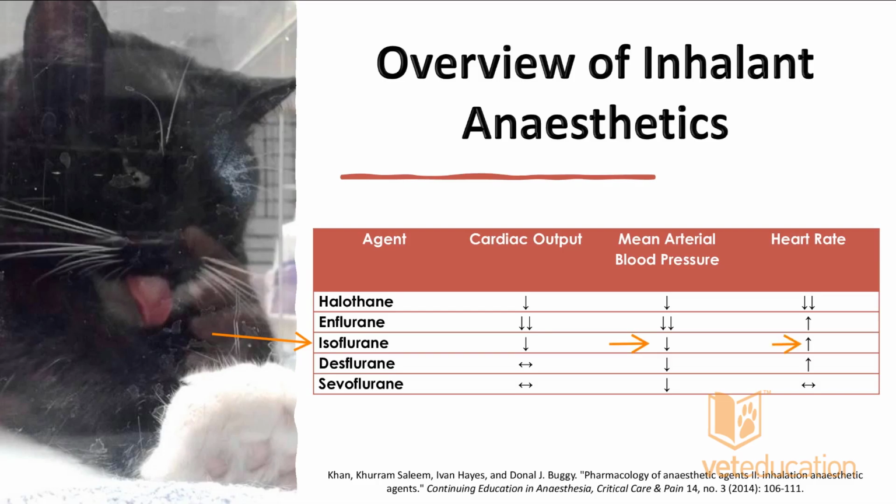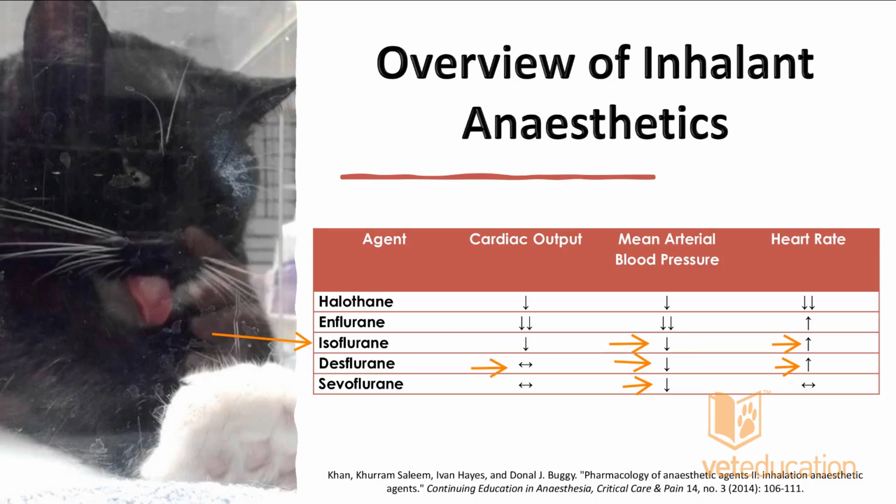So despite the increase in heart rate, we still end up with a decrease in cardiac output. Okay, desflurane, we don't see too much of a change in cardiac output, but mean arterial blood pressure still falls and heart rate tends to increase as a result of that decreasing mean arterial blood pressure. And we see a similar sort of thing with sevoflurane, which decreases mean arterial blood pressure.